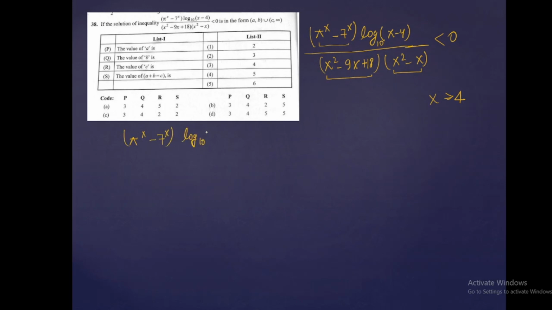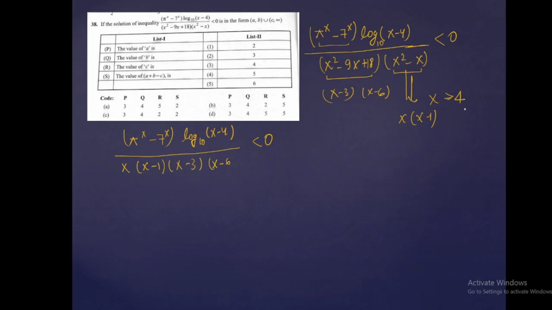So here we have x minus 4, and this is x minus 3 into x minus 6, right? And this is x into x minus 1. So let me write x into x minus 1 into x minus 3 into x minus 6, and we need to have this lesser than 0.